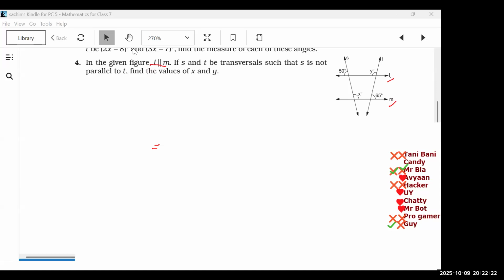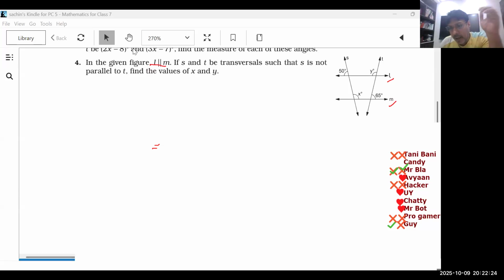Hello guys, everyone has done. Candyman and Hacker. So Tanaisha, you are the hero for today. Please unmute yourself, Tanaisha Garg. If this is 65, how much will this be? 65. What's the reason? Alternate angles.